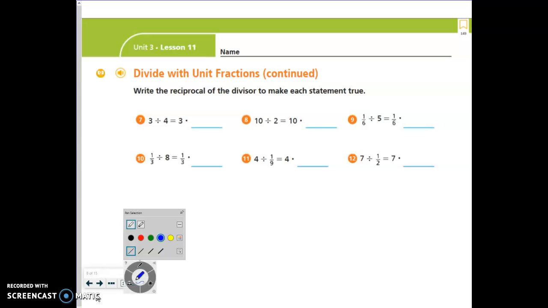So I'm going to look at problem number 7 here and try to make it as simple as I can. This was the example that they gave us earlier, a smaller number being divided by a larger number, 3 divided by 4, okay? In normal circumstances, before we started understanding what fractions were, that would be a problem that'd be really, really difficult for us to solve.